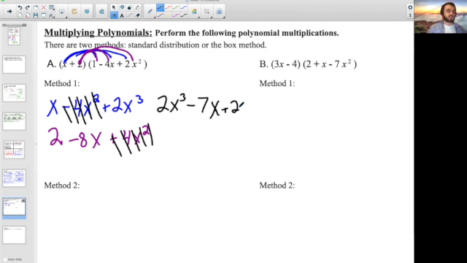It does require some thought there, but again, we're just using the distribution and combining the like terms. So just make sure if you have any questions, you think about that ASAP. Okay. So we have, again, 2x cubed minus 7x plus 2.